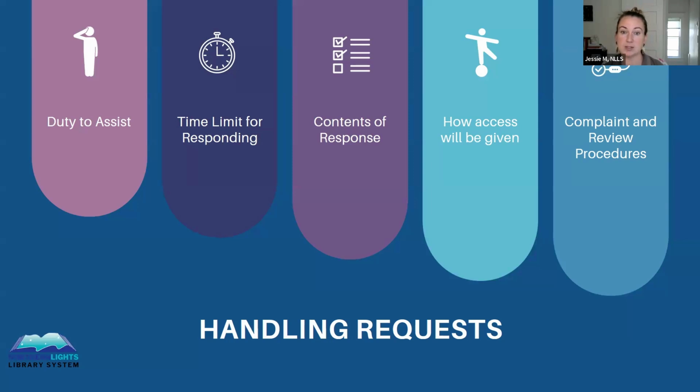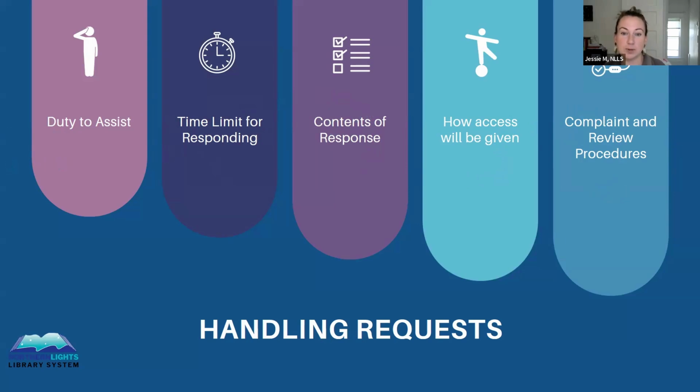So here is what you need to know about handling a FOIP request. We have the duty to assist, a time limit for responding, required contents of a response, the mode of how access will be given, and then there is a way for processing complaints and reviewing your procedures, okay?